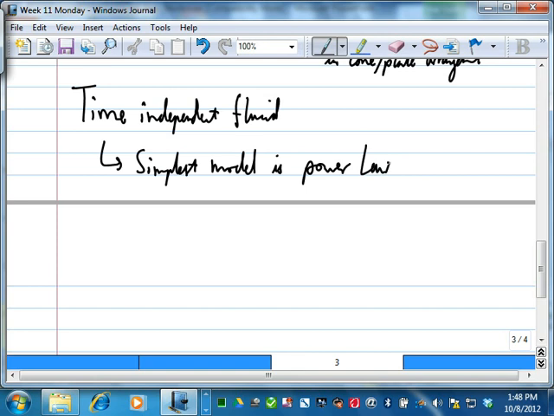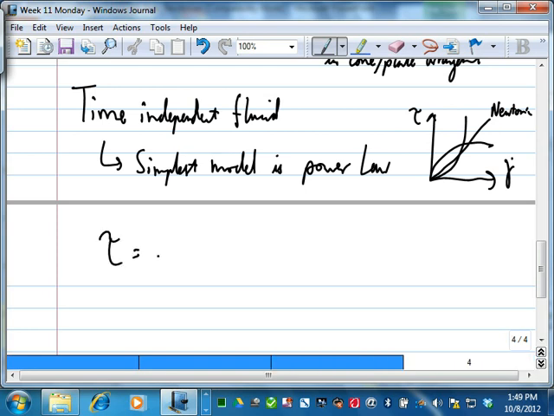For the power law model, just now we saw this one, the shear stress. We can have it going up like this, going down like this, or at a constant. So this one is Newtonian, this one is shear thinning, this one is shear thickening. It's in the picture. So the power law model is shear stress equal to some constant K times gamma dot to the power n.